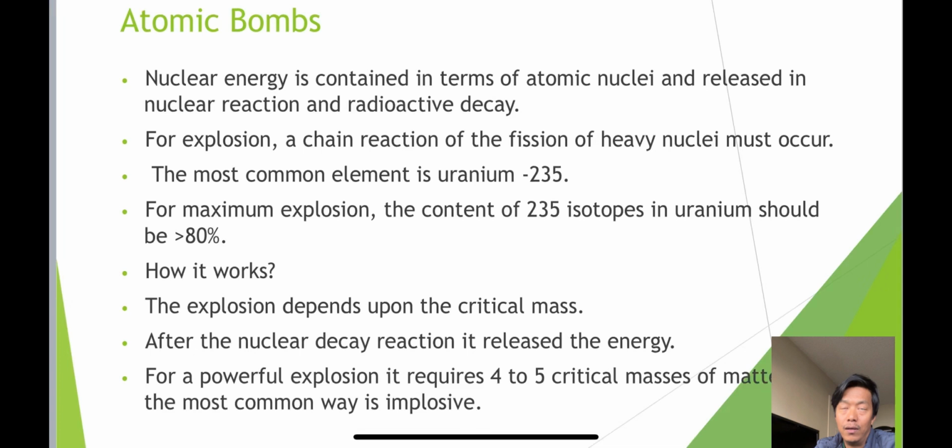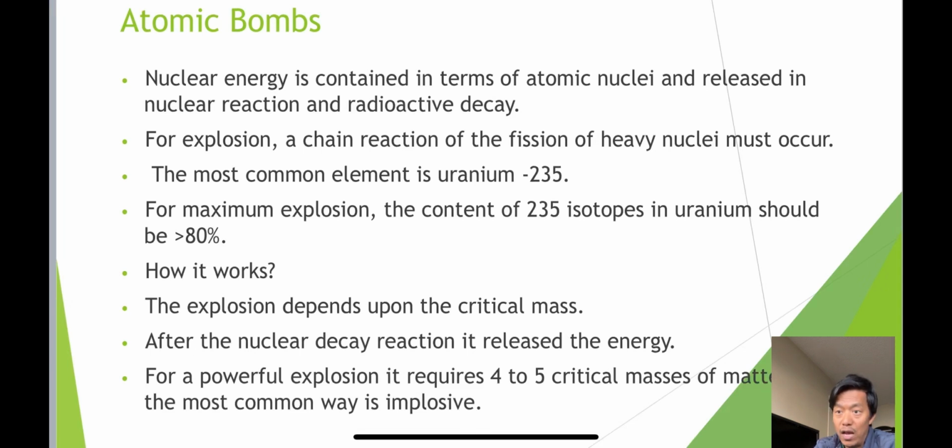Atomic bomb. We all know that nuclear energy is contained in atomic nuclei, and it is released in nuclear reactions and radioactive decay. For an explosion or chain reaction, fission of heavy nuclei must occur. So there should be a chain reaction. Among the heavy nuclei, the most common element is uranium.